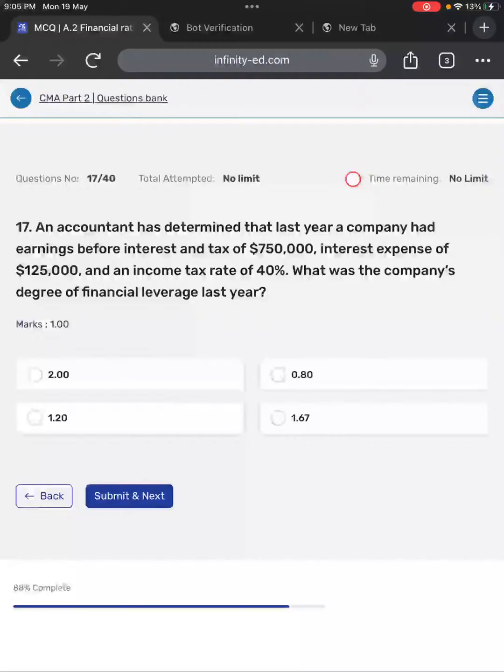Okay, do you know how we can calculate the degree of financial leverage? First we have to calculate EBIT, already given. Already tax given.